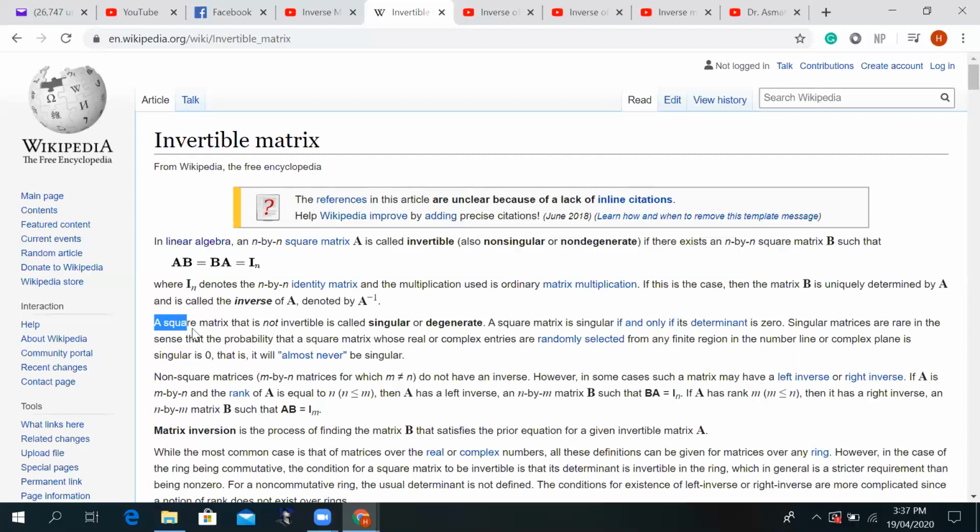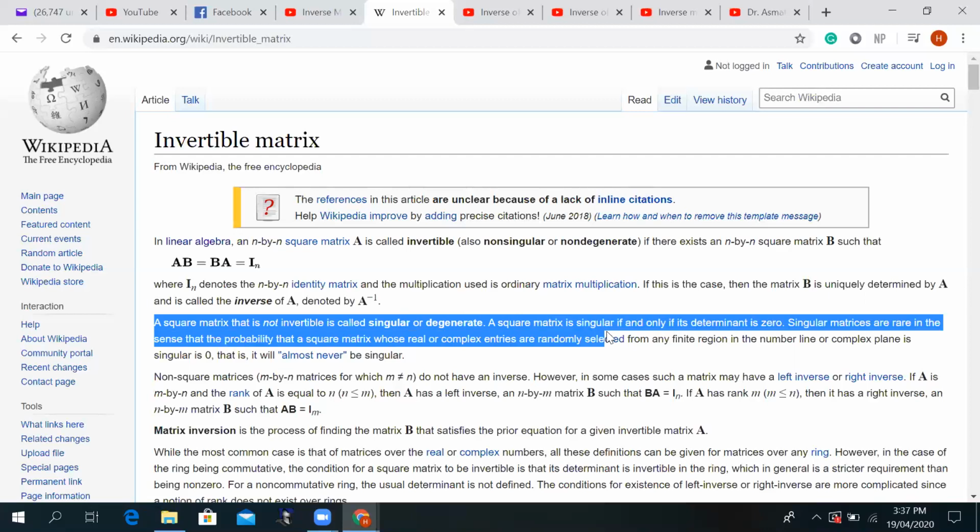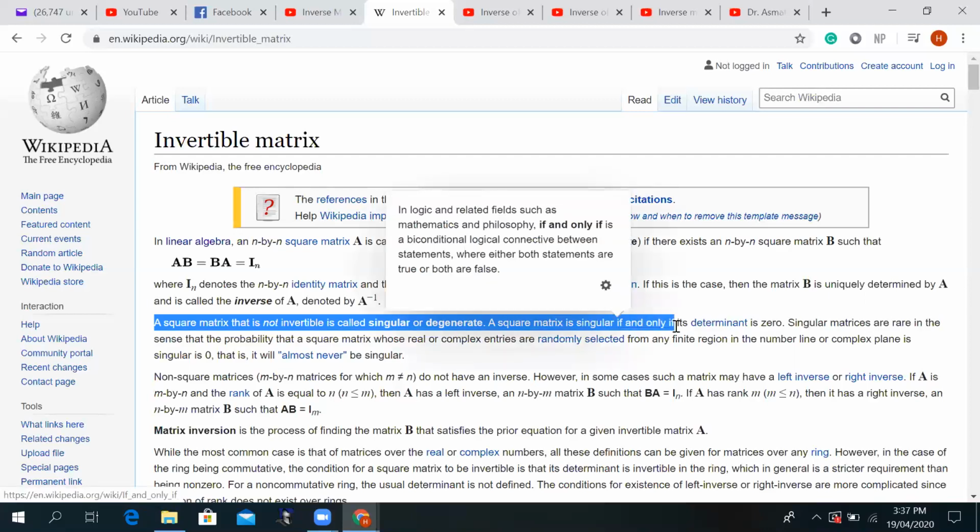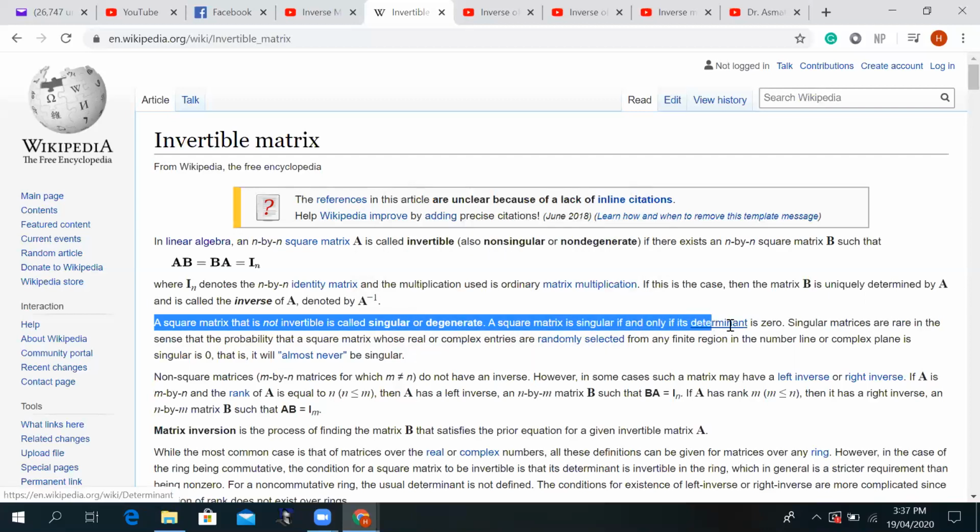Also, a square matrix could be invertible or could be singular or degenerate. A square matrix is singular if and only if its determinant is zero. Here is a new terminology that comes in front of us: determinant.